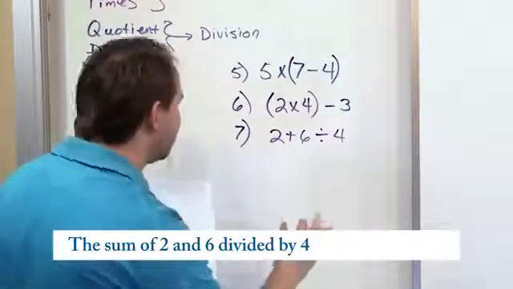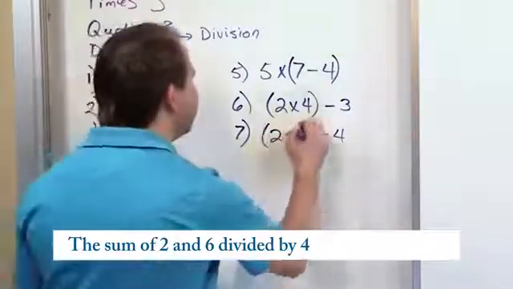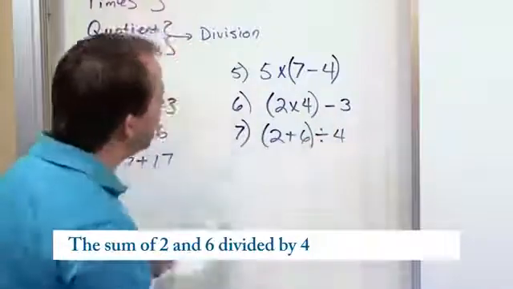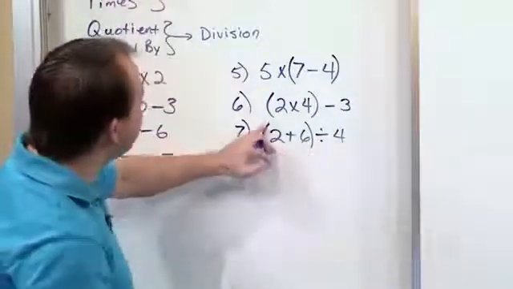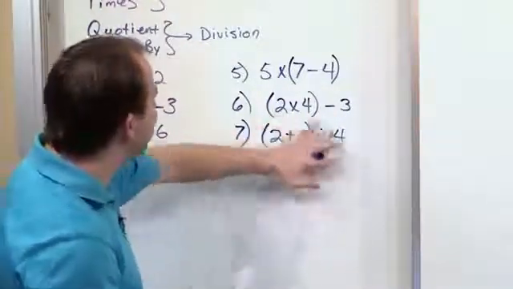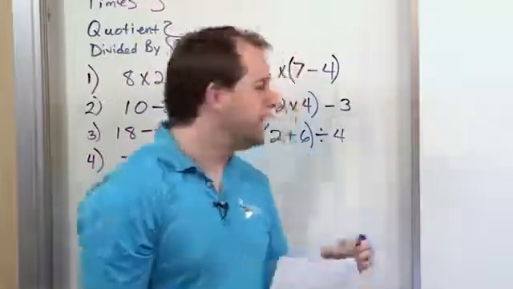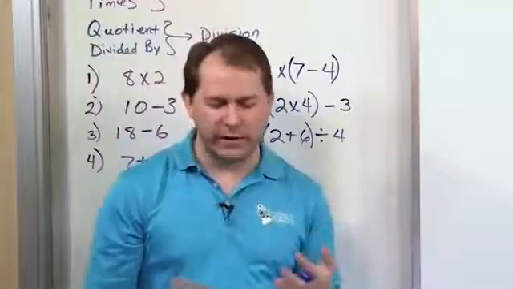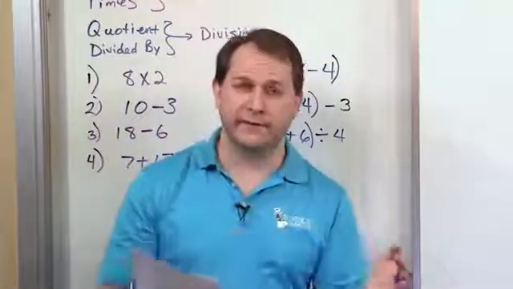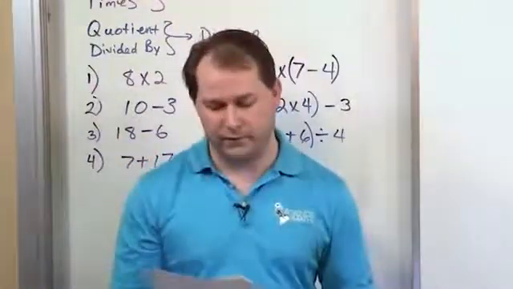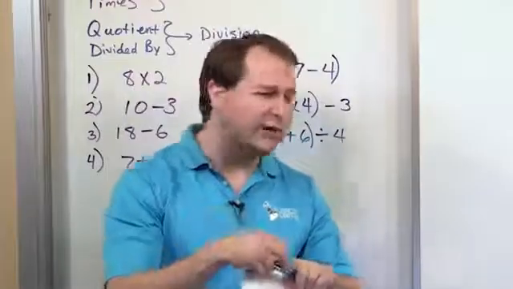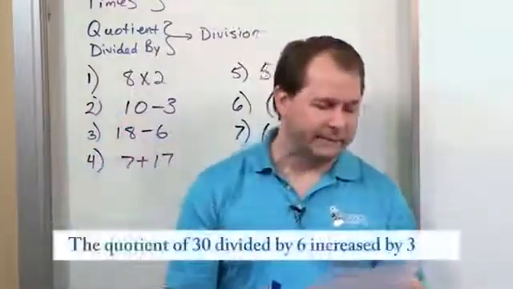So we need to do the sum first, and then we do the division. We have to put the parentheses here. If we don't, you're going to do the division first in your order of operations, and then your addition last. That's not what you want. The problem says the sum of 2 and 6, we have to find the sum, then we divide by 4. So you need to read these things carefully to understand what we're asking.